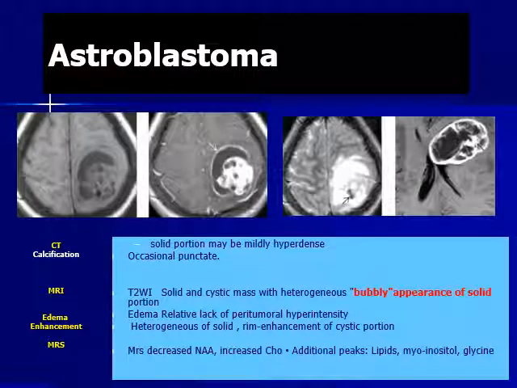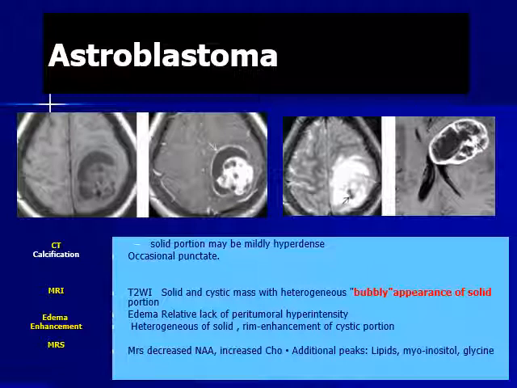It is composed of a cyst and nodule, but the nodule has the characteristic appearance of being bubbly. You remember central neurocytoma, bubbly appearing lesion? The solid nodule is bubbly because it contains multiple tiny cysts, and the cyst wall is enhancing.